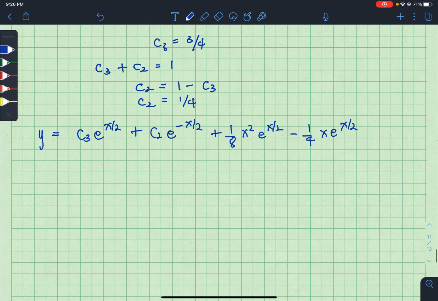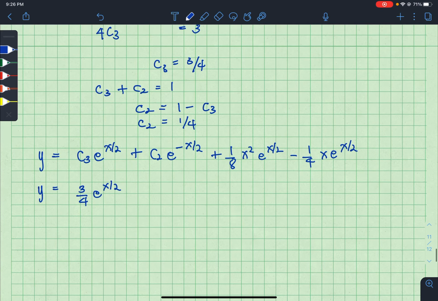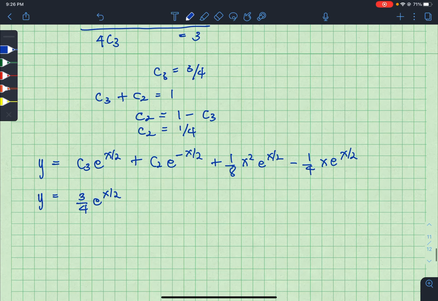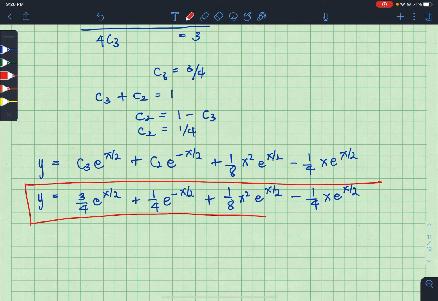Our particular solution then, with c3 as 3/4, is 3 over 4 e raised to x over 2, and c2 is 1/4, so plus 1/4 e raised to negative x over 2, plus 1 over 8 x squared e raised to x over 2, minus 1/4 x e raised to x over 2. That will be our particular solution.